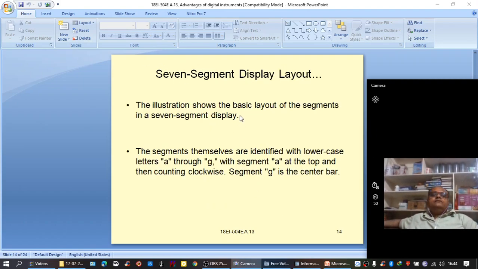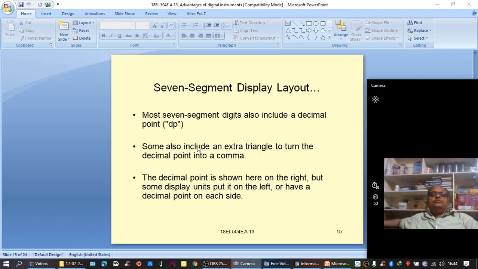The illustration shows the basic layout of the 7 segments in a 7-segment display. The segments themselves are identified with lowercase letters as A through G, with segment A at the top and then counting clockwise. Segment G is the center bar. Most 7-segment displays include a decimal point also, DP, that is a dot, near the segment C.